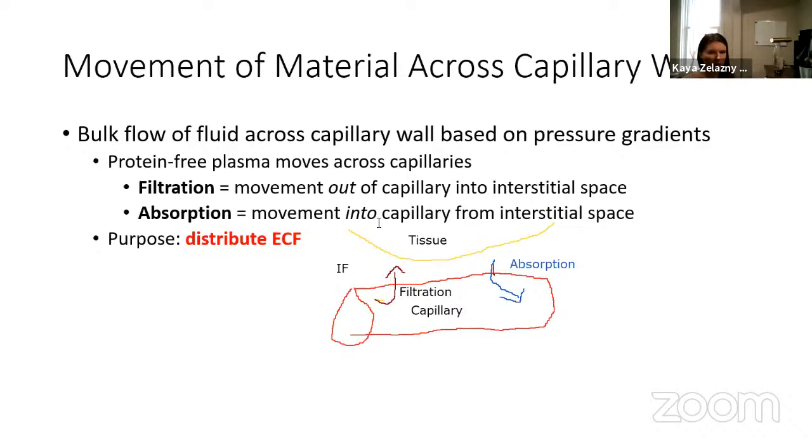That's going to be a detail we'll get to a little more when we talk about the kidneys. Okay, so filtration, movement out of the capillary into the interstitial space, which is filled with interstitial fluid. Absorption is movement out of that interstitial space into the capillary, into the blood. So the blood is absorbing this stuff.